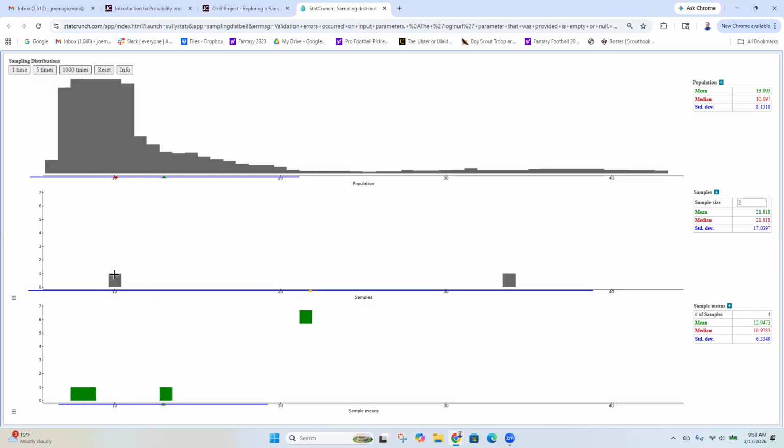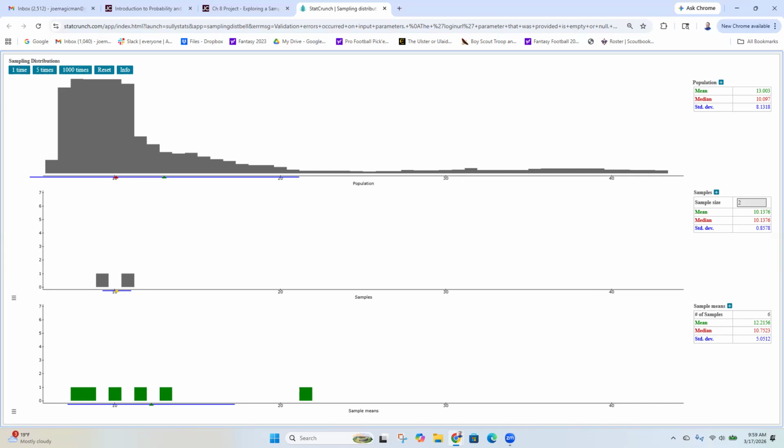If I do a sample here, whoa, I got an outlier, so this average is going to be way up here. If I keep doing this 1,000 times, what shape do you think my green dots down here at the bottom will be? I haven't done it yet, but I want to hear a guess. Do you think it's going to be skewed or not skewed?